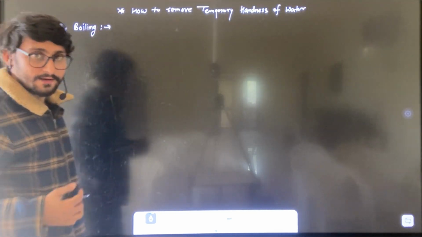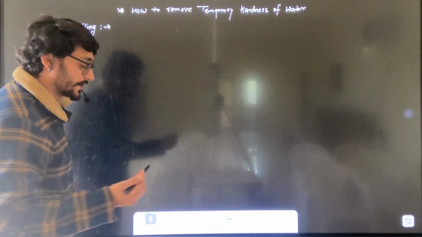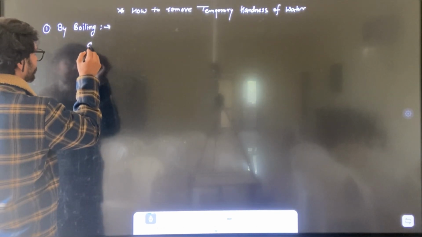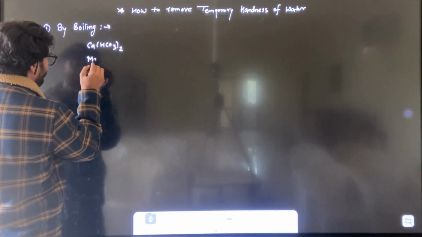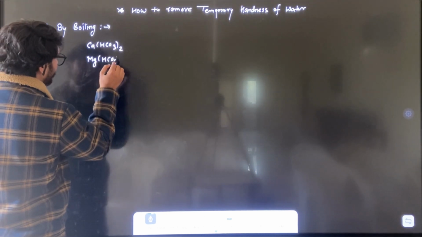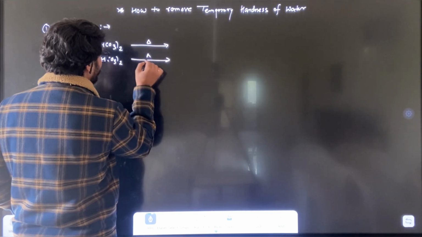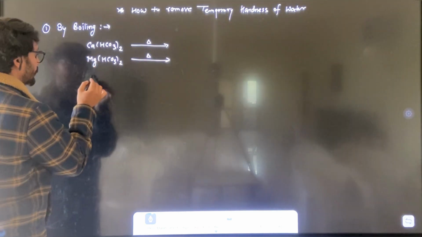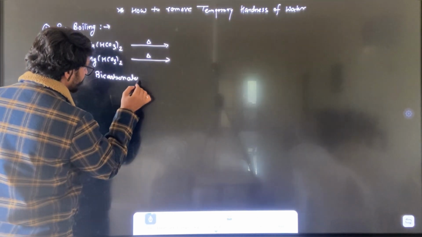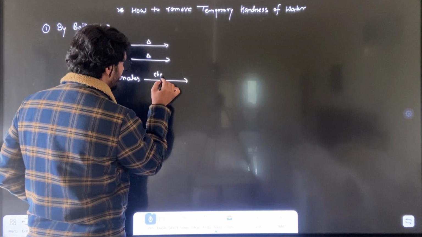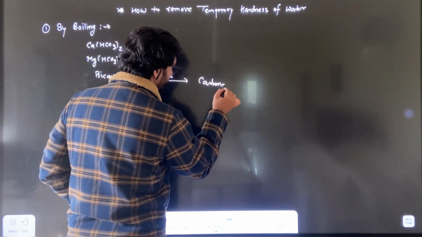When we boil water containing bicarbonates, the calcium bicarbonate and magnesium bicarbonate are decomposed, or we can say bicarbonates change into carbonates.